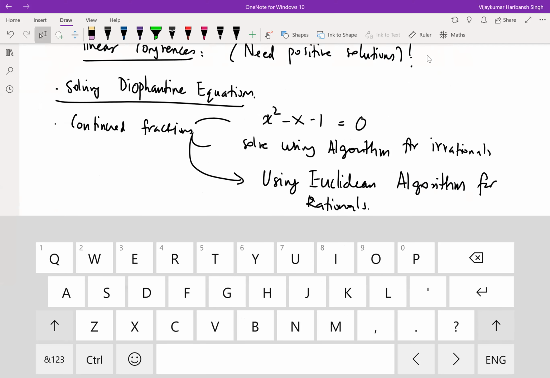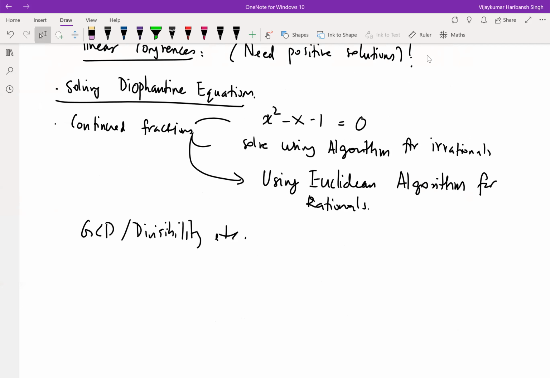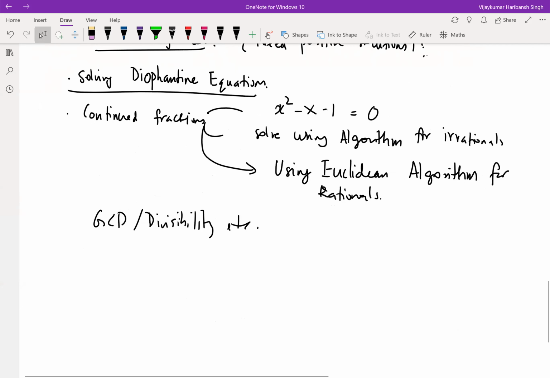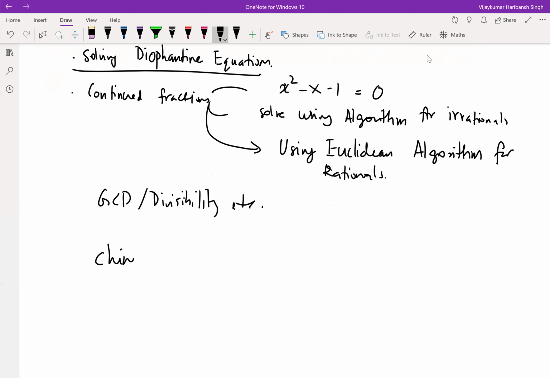Now there are certain things you should know which I haven't said here, which is the Chinese remainder theorem, right? Think about it, Chinese remainder theorem is kind of a connecting link between a lot of things. It connects when you are doing Mobius inversion, sorry, when you're finding consecutive numbers.